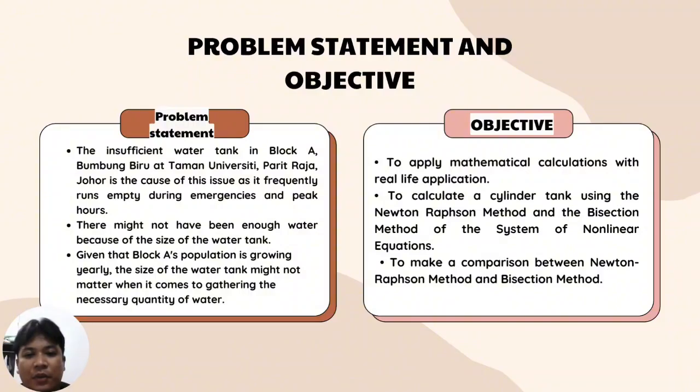Given that the Block A population is growing yearly, the size of the tank might not be enough to gather the necessary quantity of water. The objective is to apply mathematical calculation with real application to calculate a cylindrical tank using the bisection method and the bisection method of the system of nonlinear equations, and to make a comparison between the Newton-Raphson method and the bisection method.